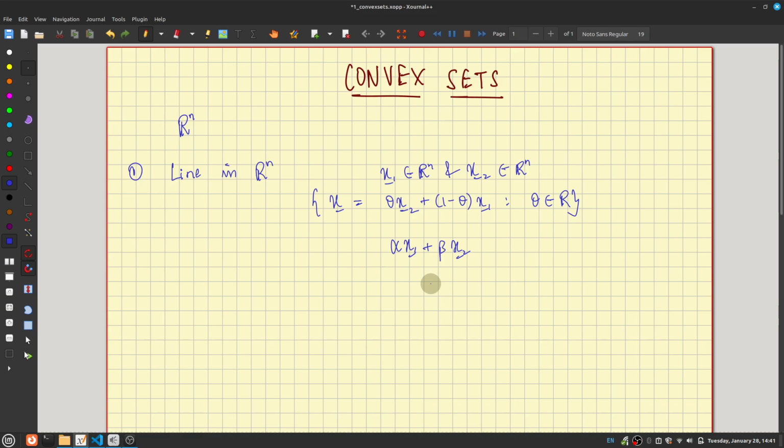It's a plane. In general it's going to be a two-dimensional subspace, assuming that x1 is not a scalar multiple of x2. But if I constrain the linear combinations, if I say that alpha plus beta should be equal to 1, then I basically get a line.